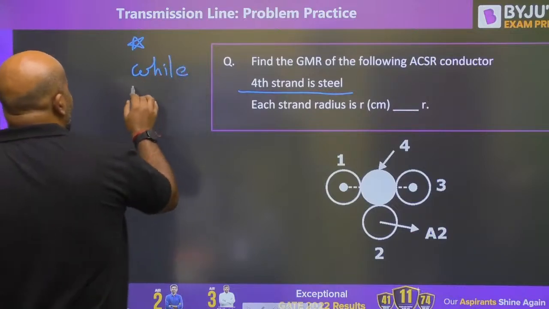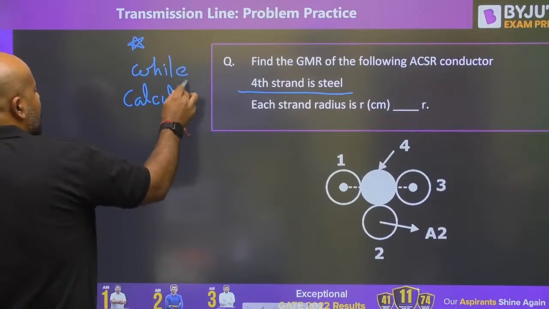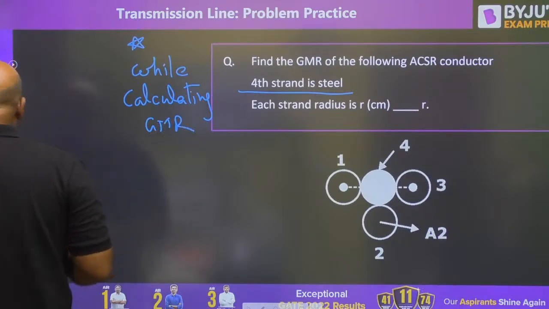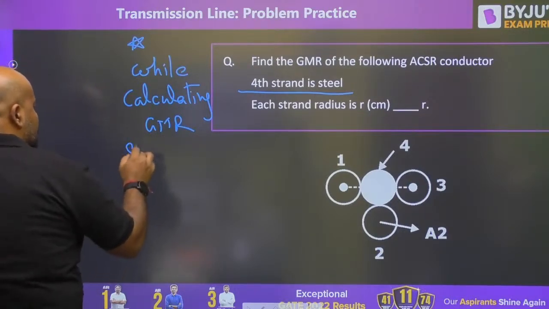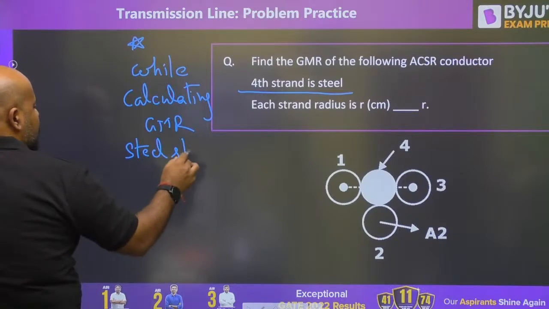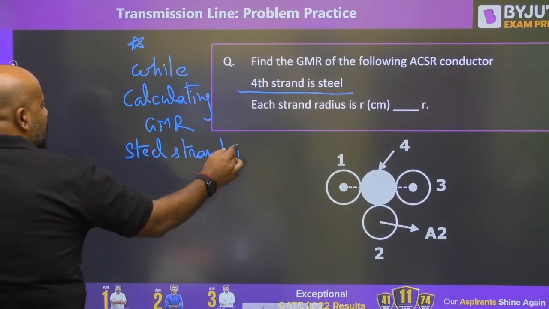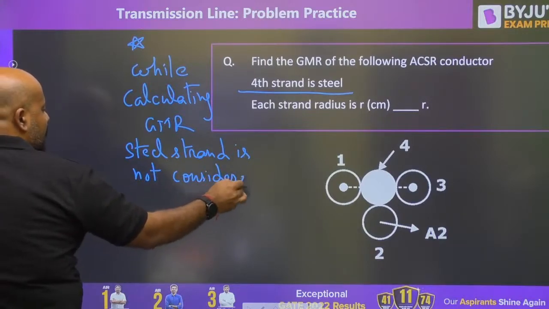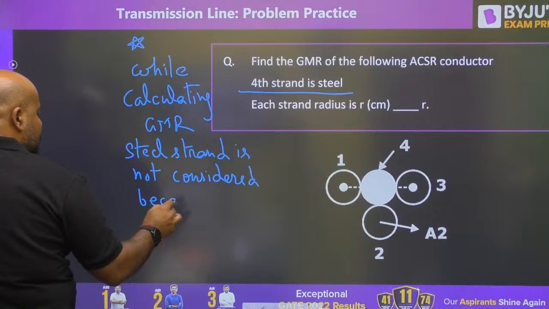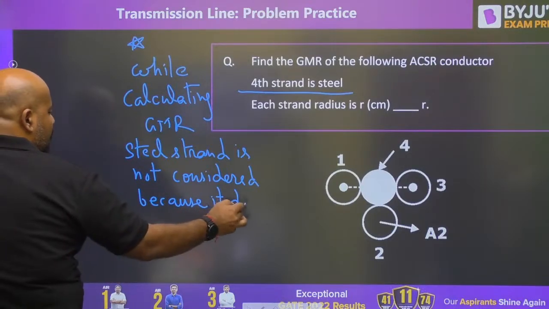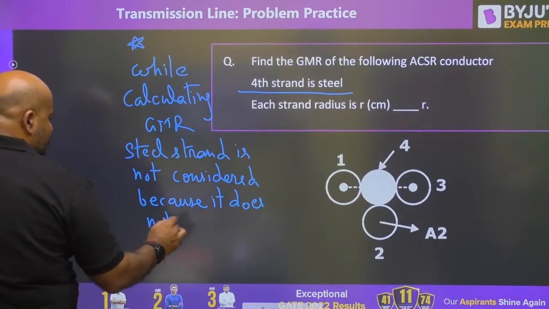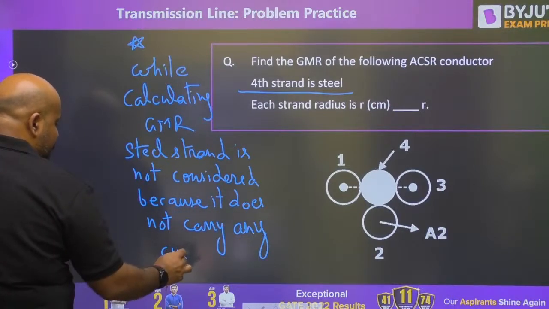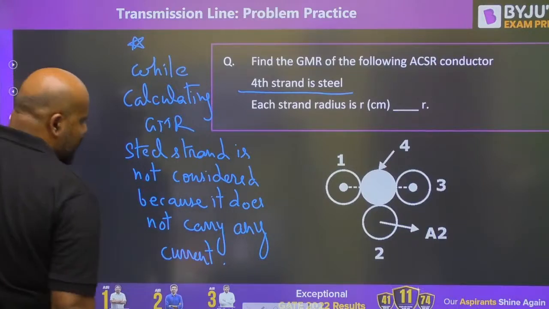While calculating GMR, the steel strand is not considered because it does not carry any current, or you can say any significant current.